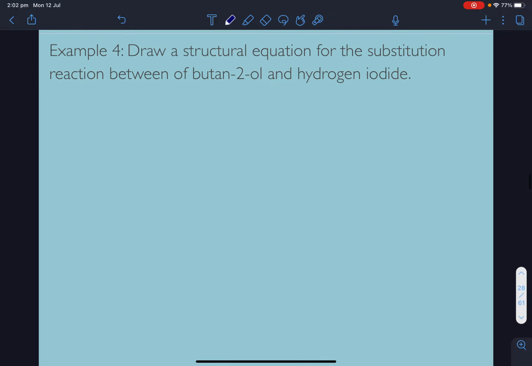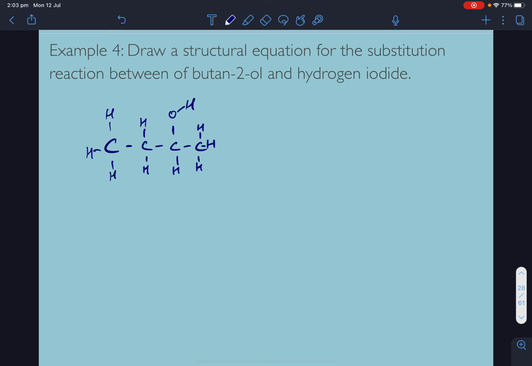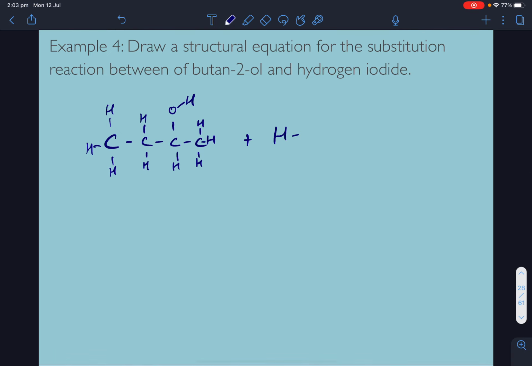Another example. Draw the structural equation for the substitution reaction between butane 2-ol and hydrogen iodide. Meth, eth, prop, but, 2-ol. Put my hydrogens in. And what are we doing? Hydrogen iodide. So it's a substitution. The OH is going to go with the H, and the iodine is going to swap in there.